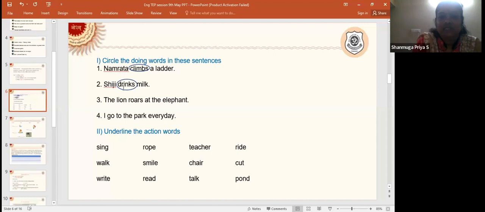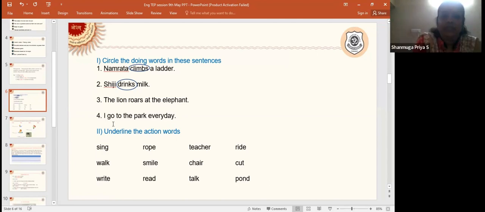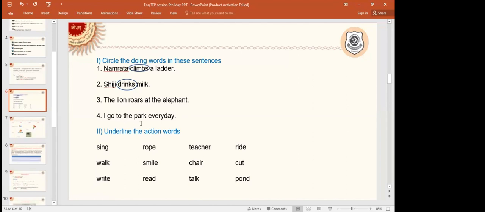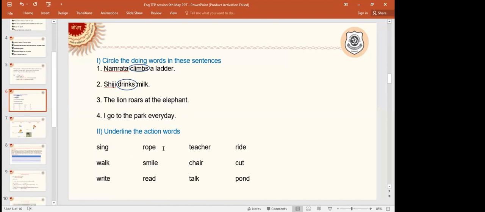Here, drinks is an action word. And then the lion roars at the elephant. Roars. Very good. The action word. And I go to the park every day. Go. Super. Thank you, teachers.